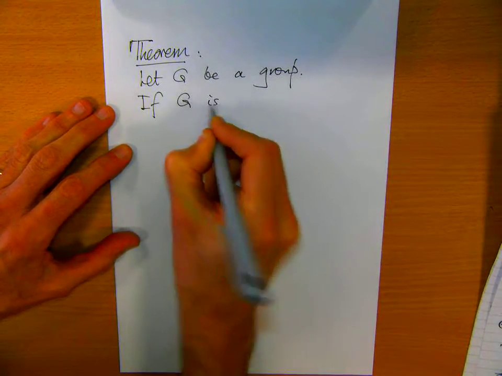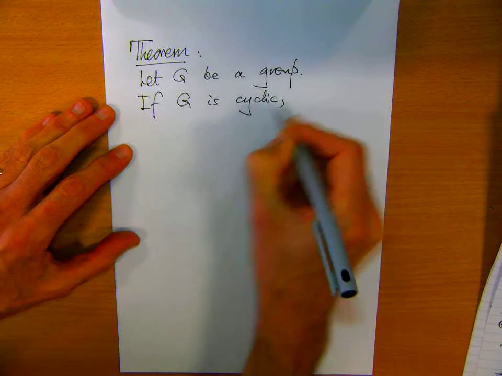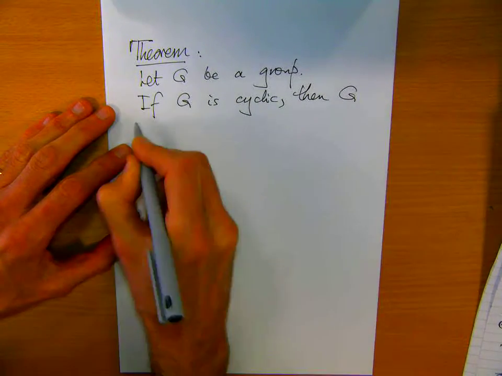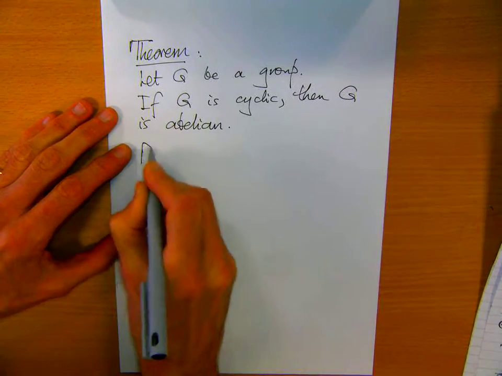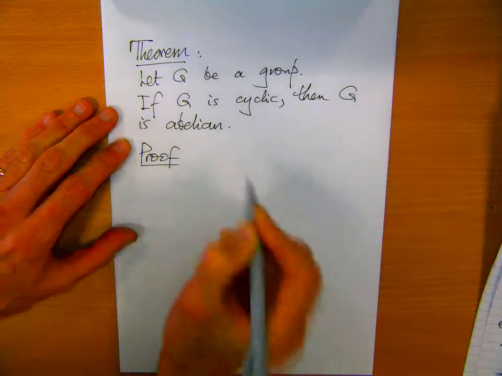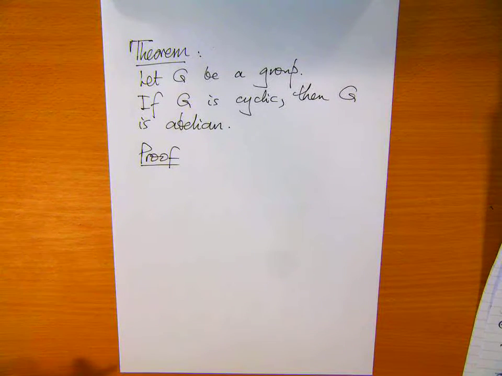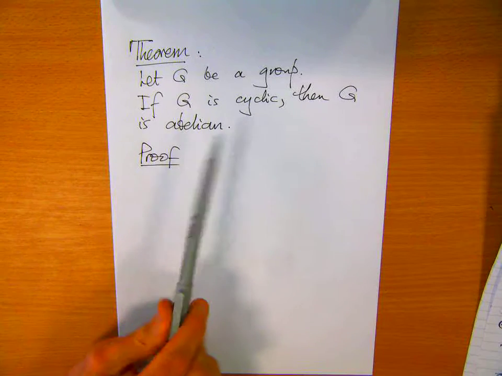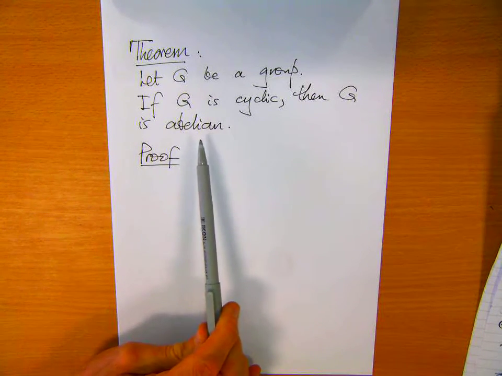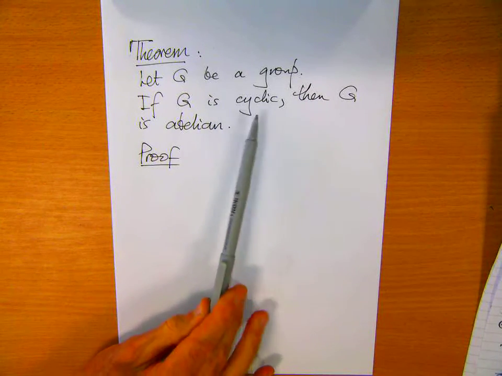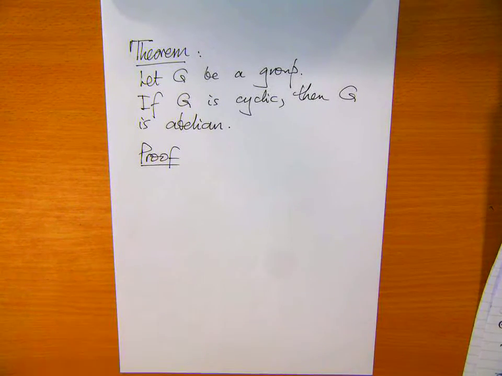If G is cyclic, then G is abelian. So this is quite an easy proof. It'll give us a chance to remember what abelian means. So we've got 2 words here. We've got cyclic and abelian. Notice the implication is going in one direction, as I've stated it. If it's cyclic, then it's abelian.